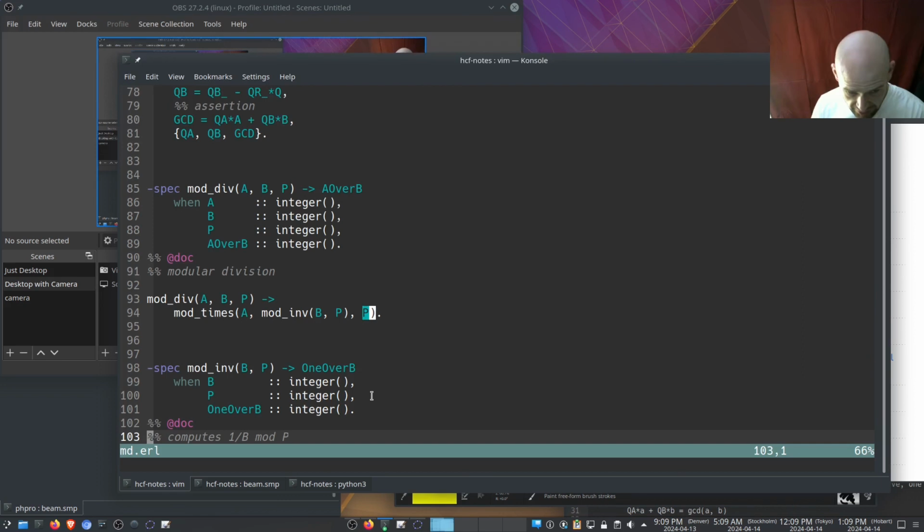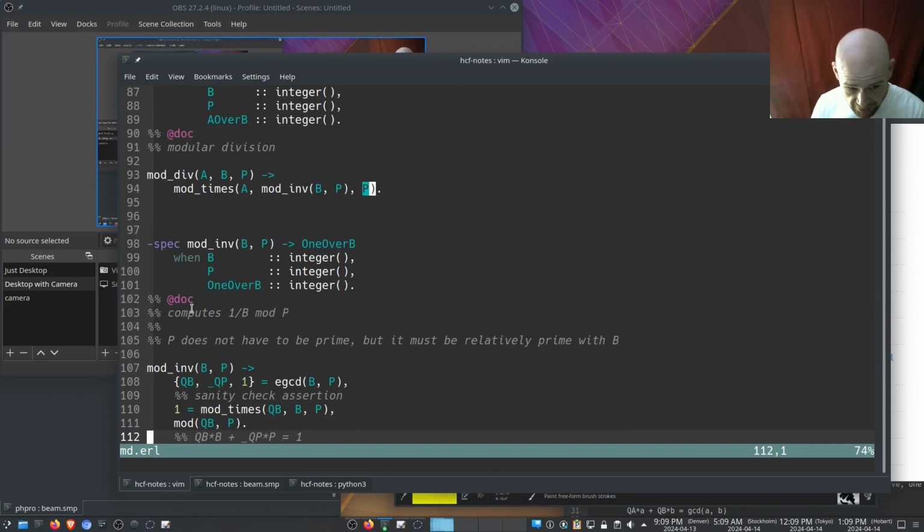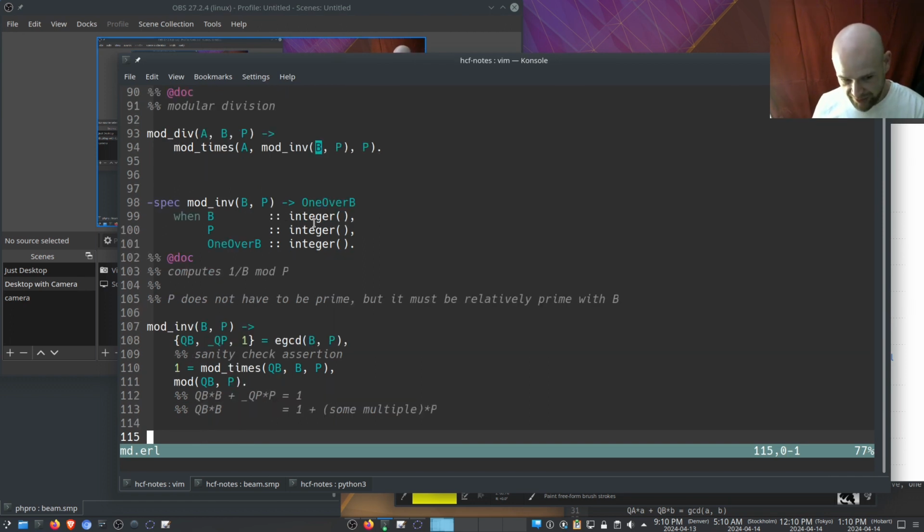Okay, how does mod inverse work? It turns out P does not have to be prime. It just has to be relatively prime with B, which means its GCD with B is 1. A prime number is a number that's relatively prime with every smaller number. So the GCD of B and P has to be 1.